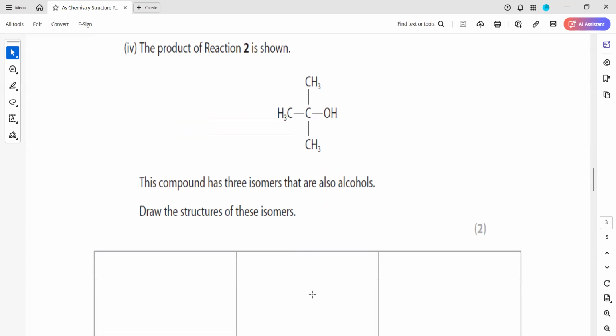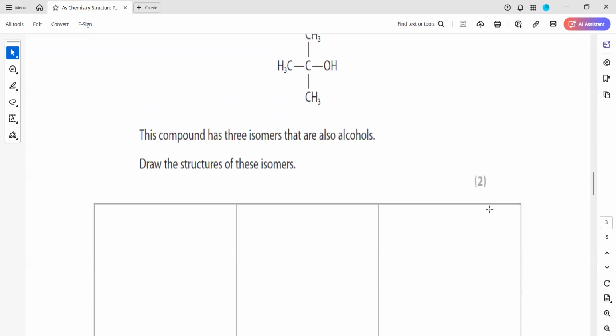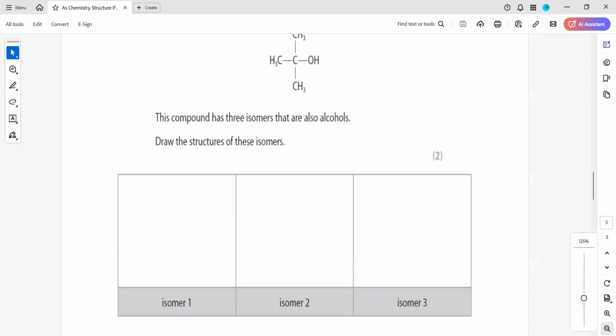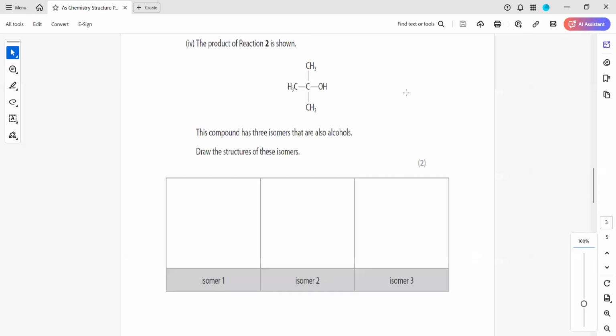Draw the structures of these isomers. Whenever isomers are there, they will have different names as well. Actually, what is this compound? If I select the longest carbon chain, I can select it like this, so 1, 2. So it is 2-methylpropan-2-ol, the name of this compound.